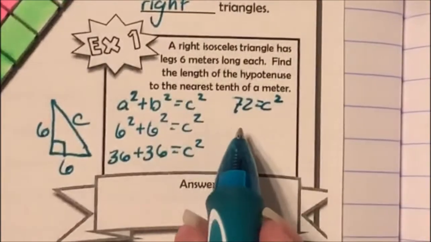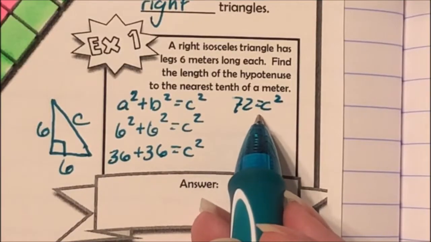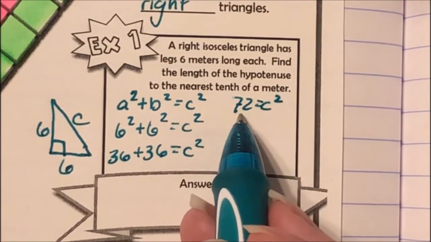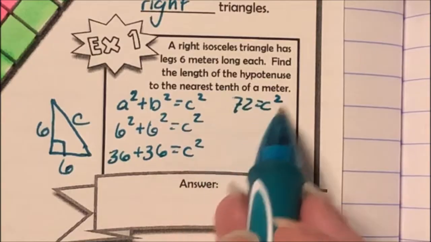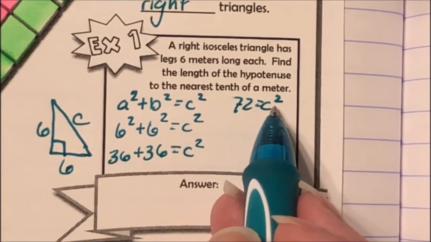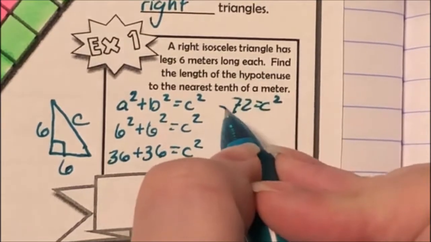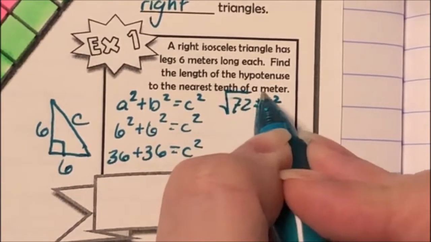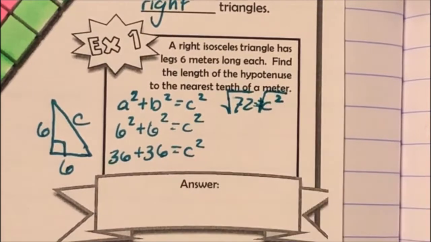Okay, so now I have 72 equals c squared. Okay, so what I need to do is, because I have 72 and I have c squared here, in order to undo the square, I have to take what's called the square root. So I take the square root of both sides.